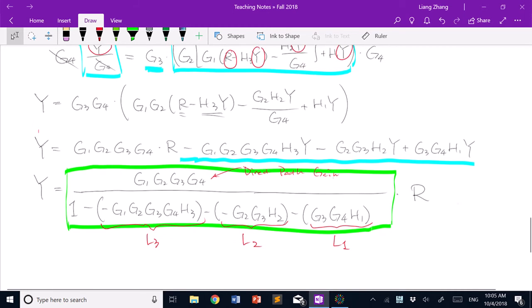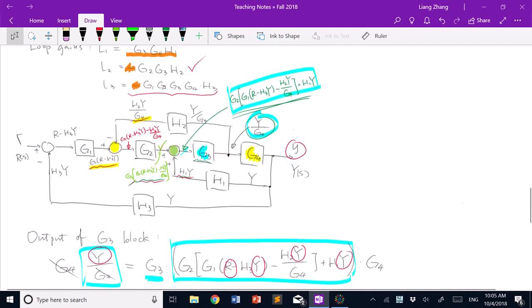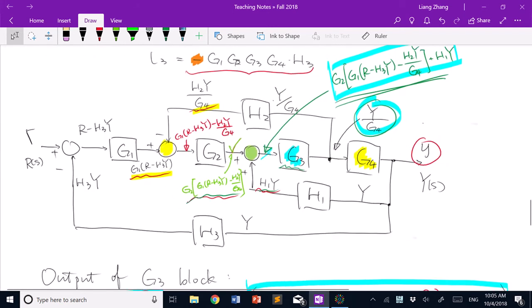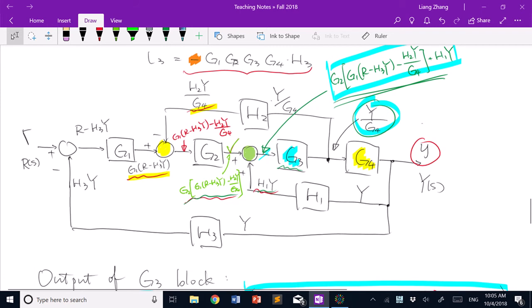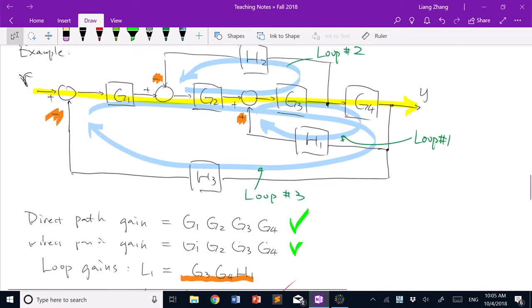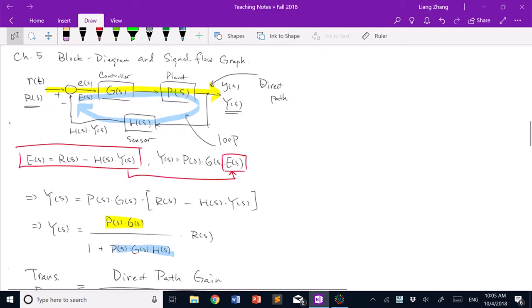Now the derivation procedure: by looking at the routing of the blocks, we have to figure out where is the input signal, where is the output signal. We figure out all these intermediate signals here and there. This procedure is sometimes called the block diagram algebra, as I mentioned earlier, and this is exactly what we did in the simple case.